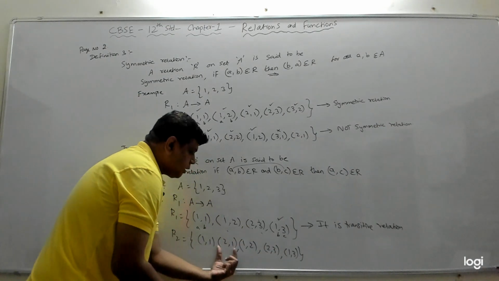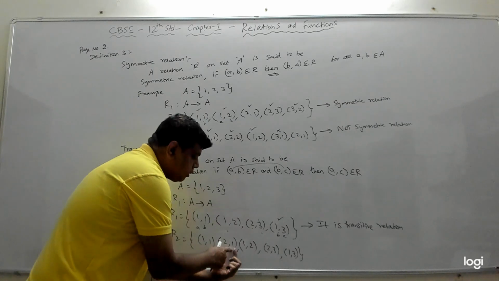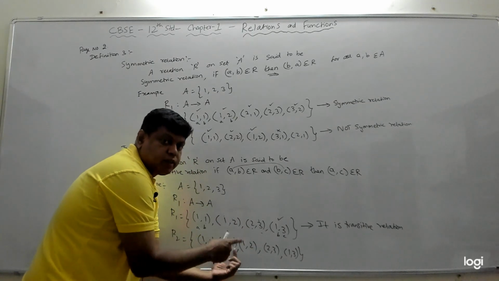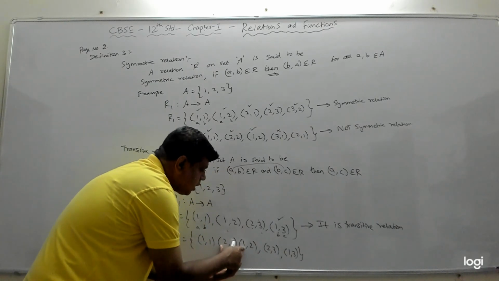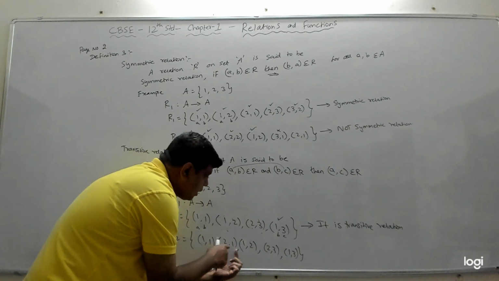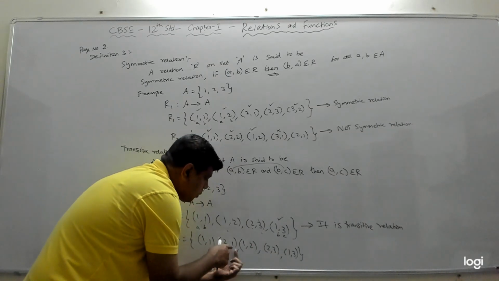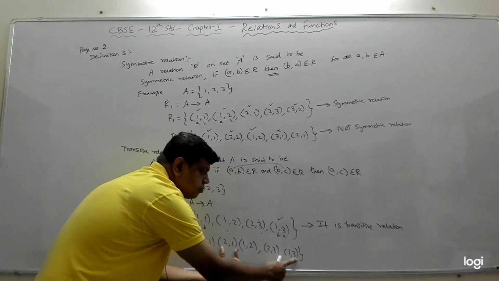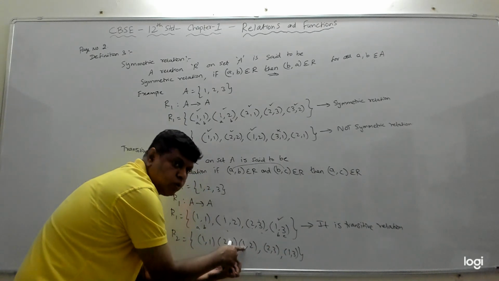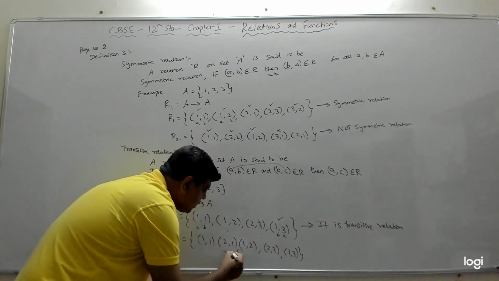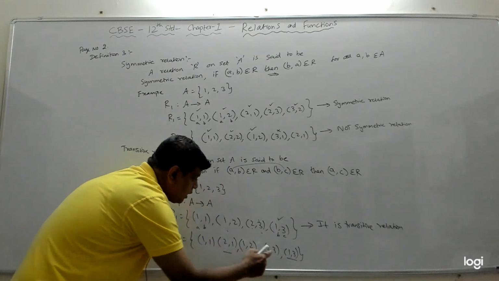Now let's take this element, 2 comma 1. Now find all the elements which start with 1 here. It is starting with 1 here. Even this is starting with 1. So if you take 2 comma 1 and 1 comma 3, wherever this is ending, you have to take the next element which starts with 1. If you take this and this, 2 comma 1 is there and 1 comma 3 is there.